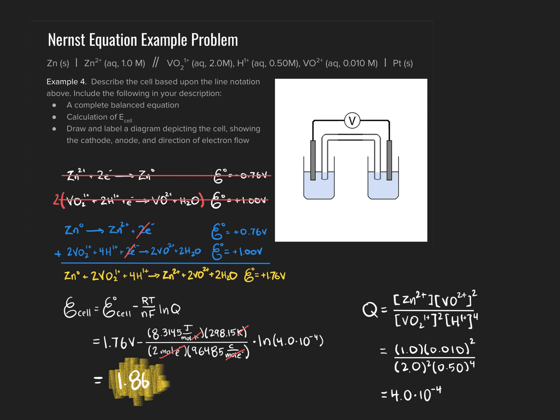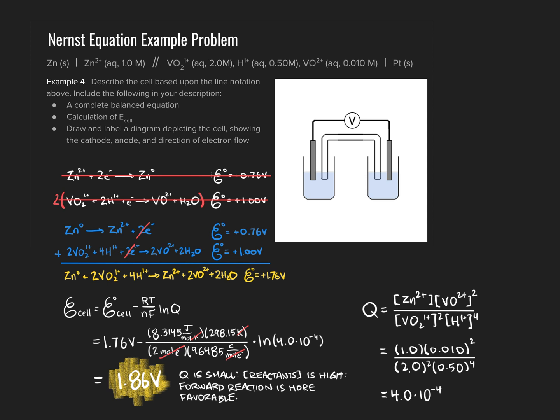And take a brief moment here to think about why that makes logical sense. The Q value, as described by the current concentrations of our reactants and products within this system, is a very, very small value of Q, implying, therefore, currently this system has a relatively higher concentration of reactants than products, which should, therefore, drive this reaction in the forward direction.